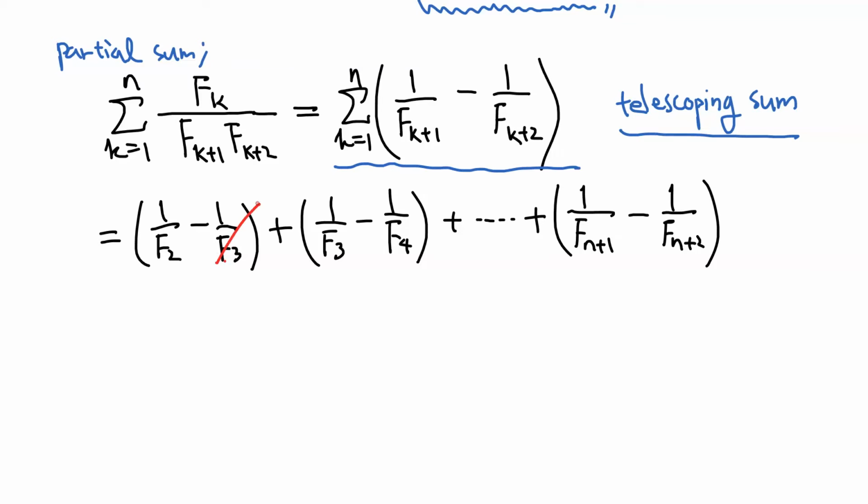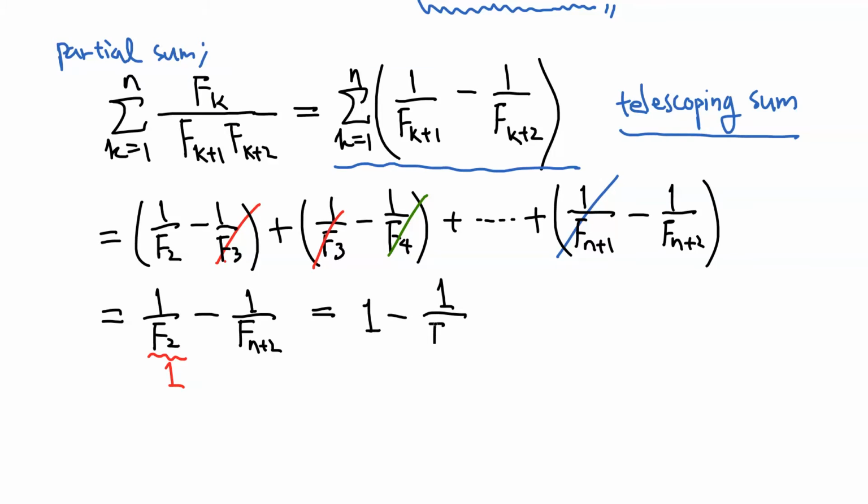You can easily see that there are parts that cancel out, and the only remaining terms are 1 over F2 minus 1 over Fn+2, and since F2 is just 1, we have 1 minus 1 over Fn+2.